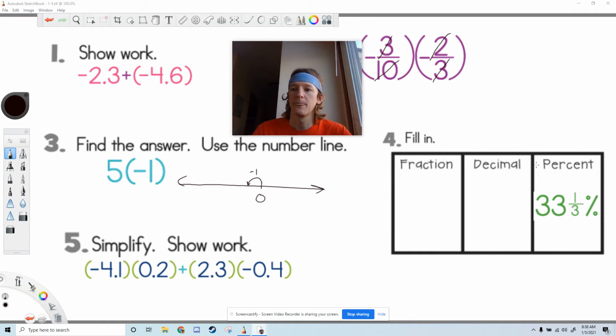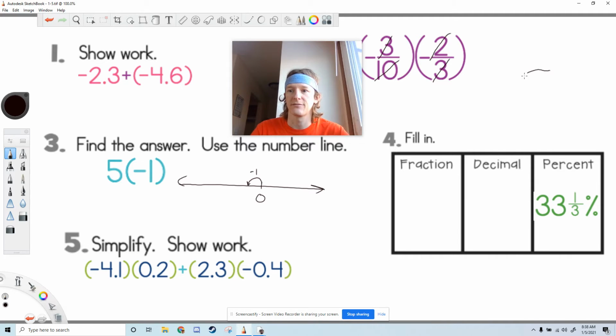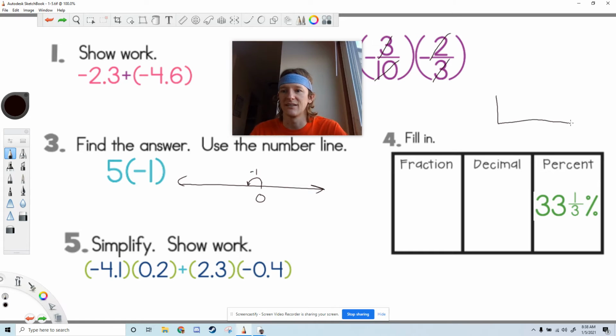For number 4, we have 33.3333333. So if we think of it like our circle, that is a terrible circle. Let me do it as a rectangle instead. We're going to break this rectangle into 3 equal parts, because this whole thing will be 100% of the rectangle.